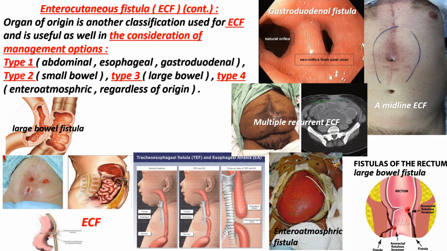Type 4: enteroatmospheric fistula, regardless of origin. We are seeing here a case of gastroduodenal fistula, a midline enterocutaneous fistula, multiple recurrent enterocutaneous fistulas, a case of large bowel fistula, and a case of enteroatmospheric fistula.